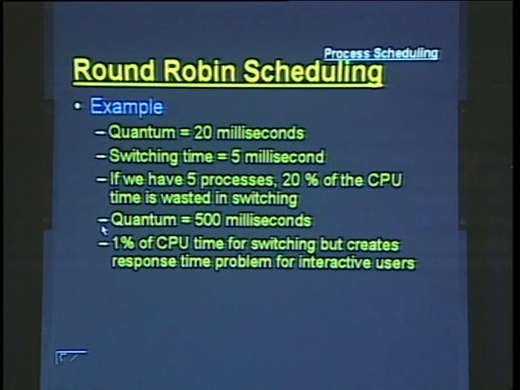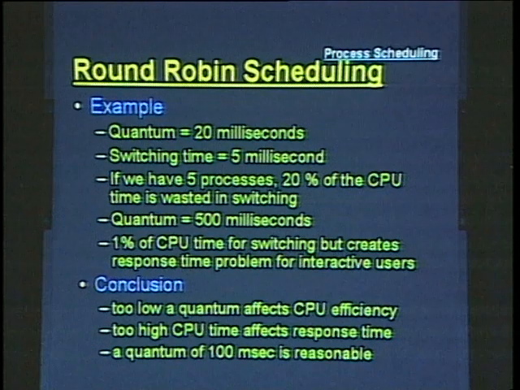If the quantum is 500 milliseconds, then only 1% of the CPU time is required for switching. But at the same time, this can create a response time problem for interactive users. Then what is the solution?